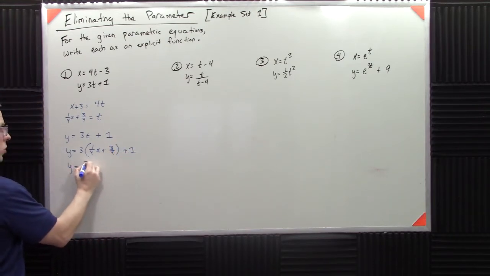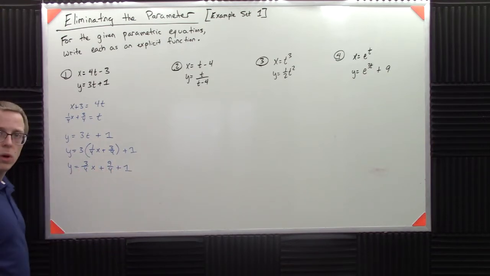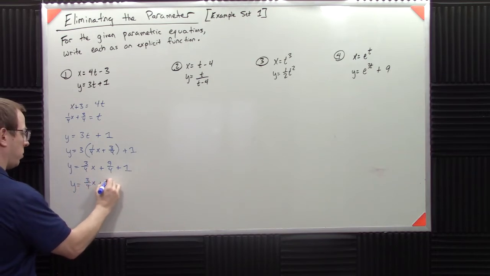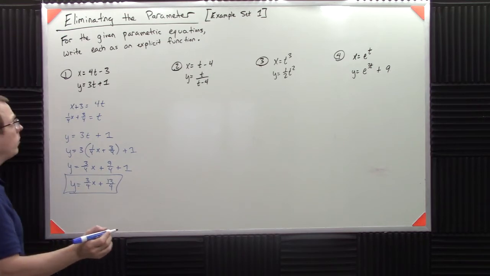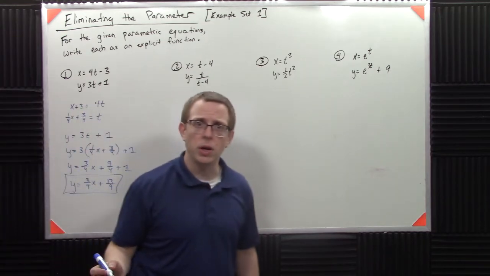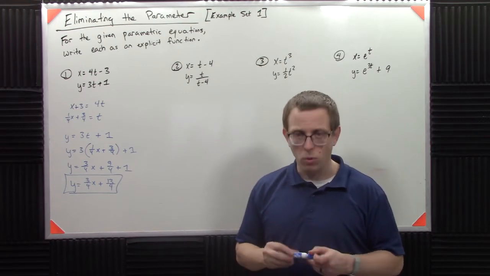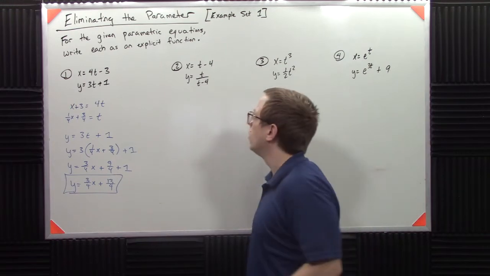So y is 3/4 x plus 9/4 plus 1, or y is 3/4 x plus 13/4. And that's really all you have to do there. That's one way to do it. Now the other way, we're going to be a little more clever in the next one.